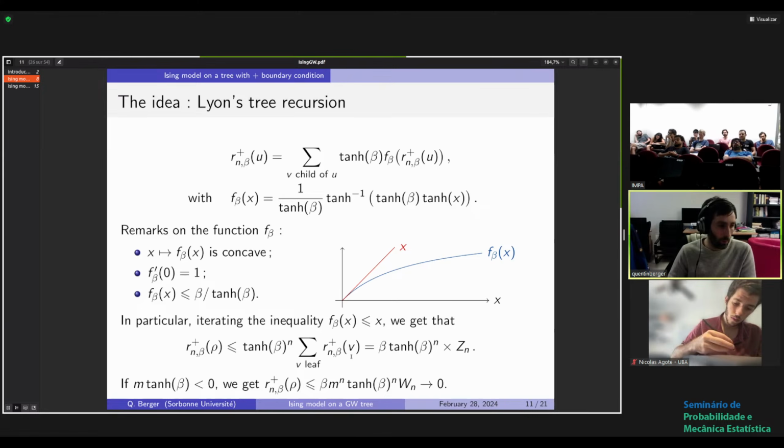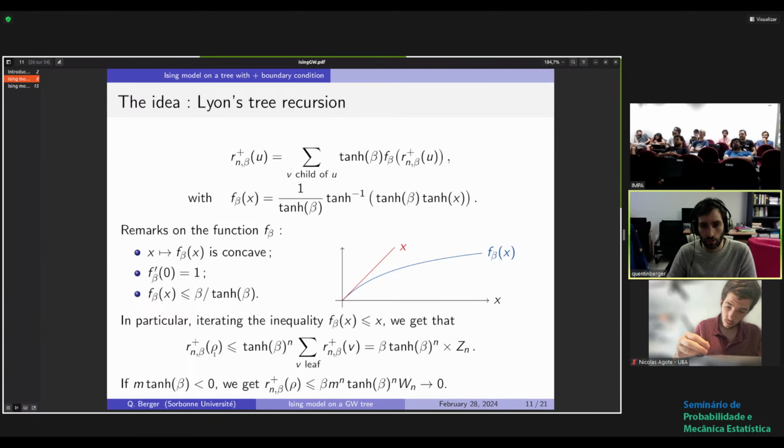But if you remember, what is the definition of this? It's the log likelihood ratio inside the subtree rooted at v. And so if v is a leaf, there's no subtree rooted at v, and so you can bound this by a constant. I've put beta here, but you can just think about the constant, and so you just have the number of leaves in the tree.